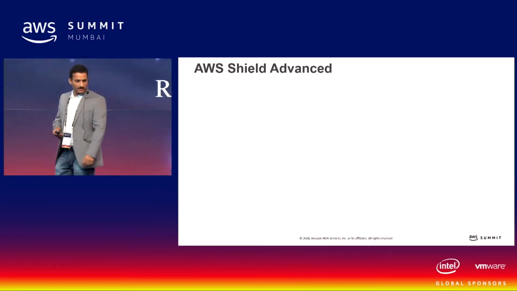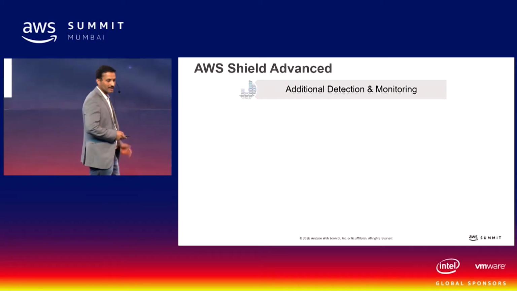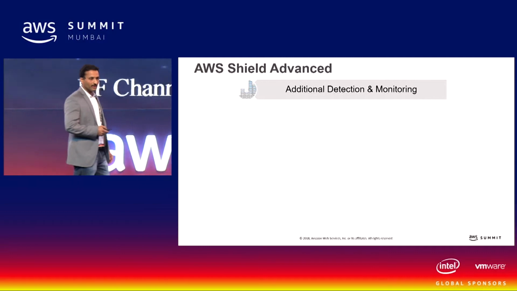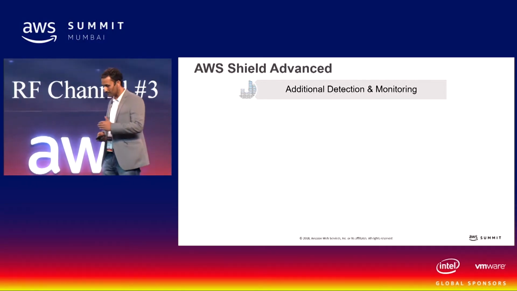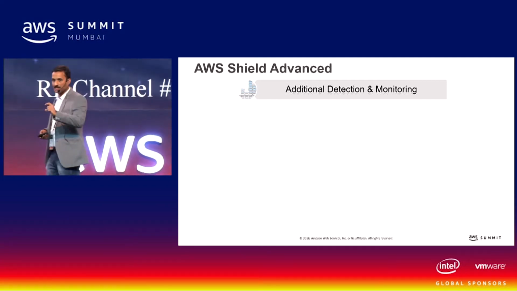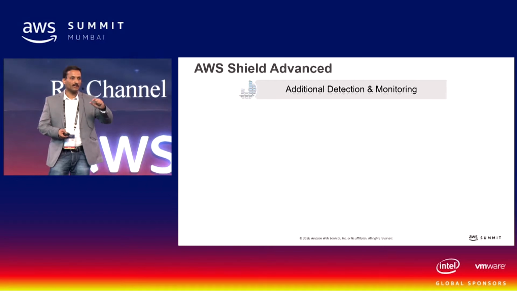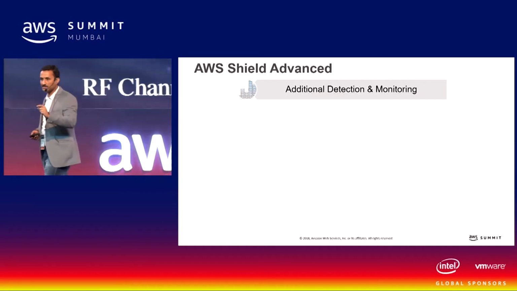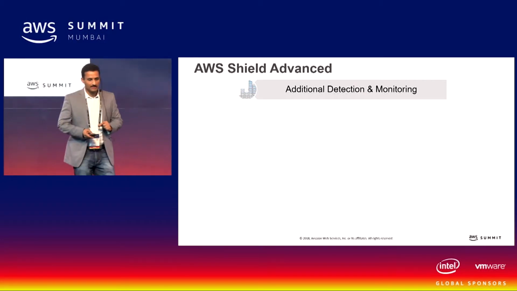That was Shield Standard. When you go to Shield Advanced, what are the additional benefits you get? You get additional detection and monitoring facilities. That means the volume of attack that qualifies for protection by AWS Shield can be fine-tuned to a lower level when you go to Shield Advanced.